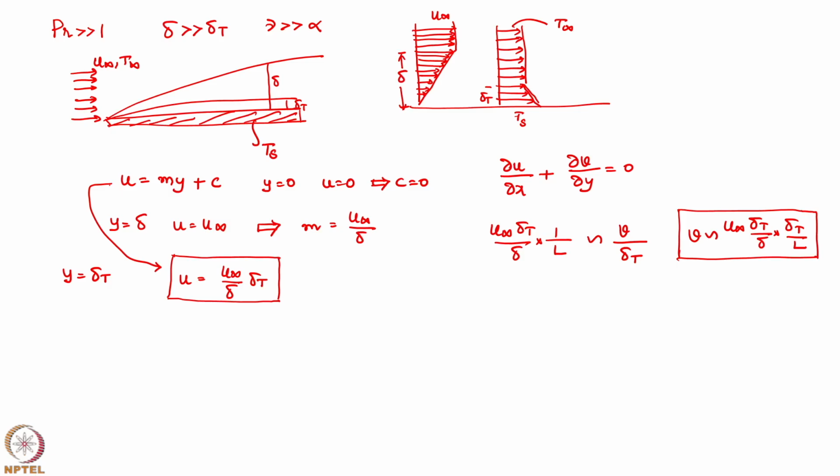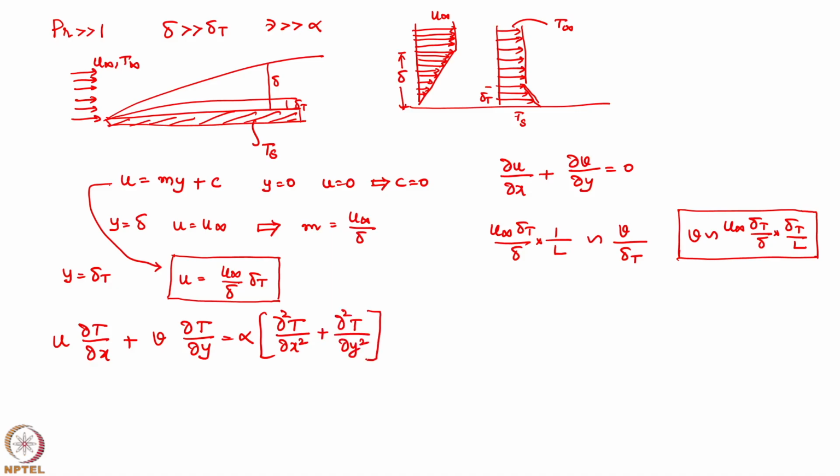In this energy equation, I have u del T by del x plus v del T by del y is equal to alpha into del square T by del x squared plus del square T by del y squared.